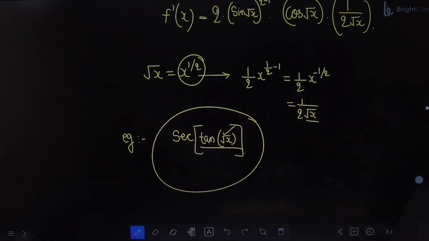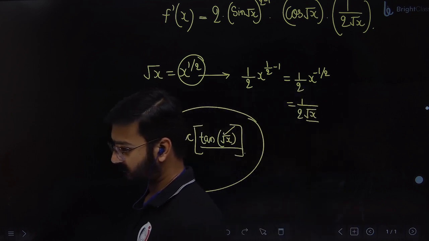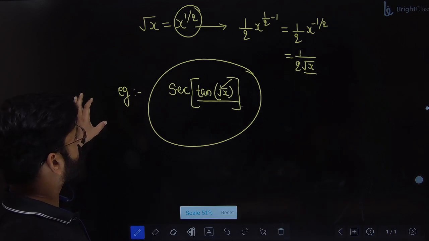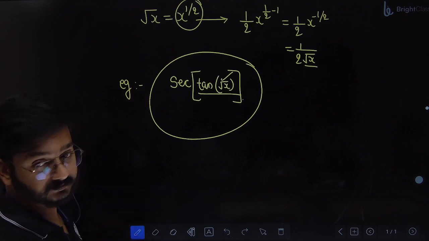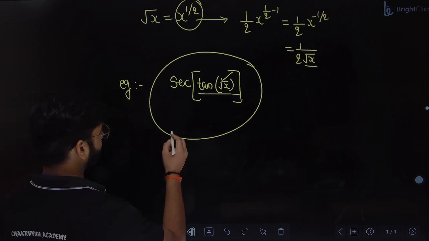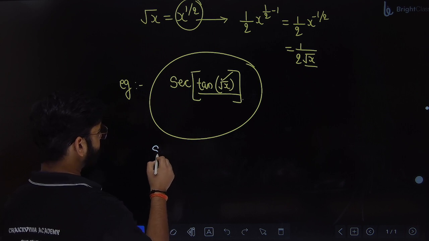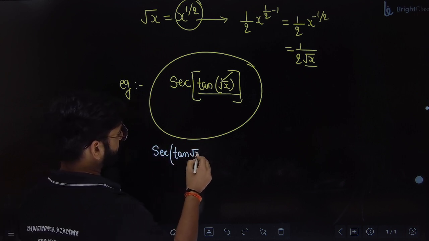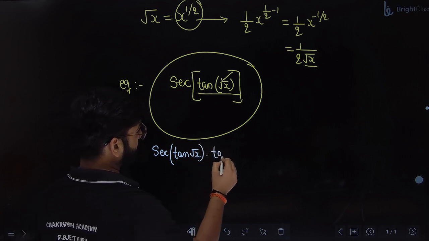So for the secant function, we take theta as tan root x. Right, sir? Yes. So what will be the first thing? Secant theta into tan theta.